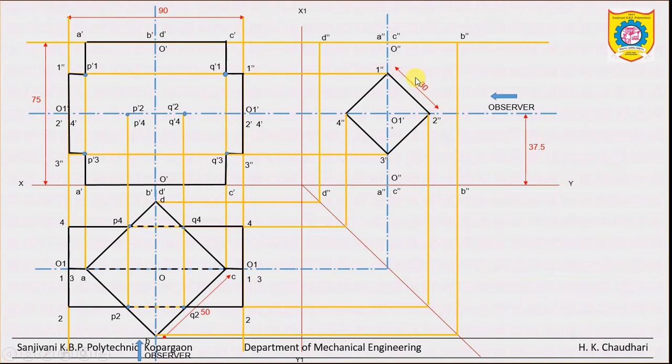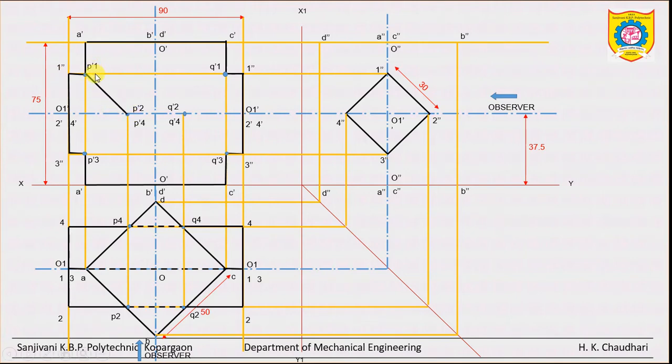Clear? The points will be P1 and P2. So when we join this P1 and P2, that line will be the intersecting edge or intersecting line for both the prisms. Okay, so let us try to join them.